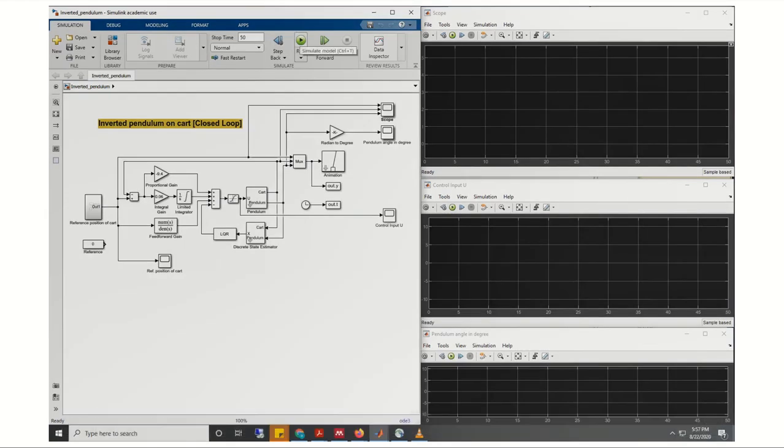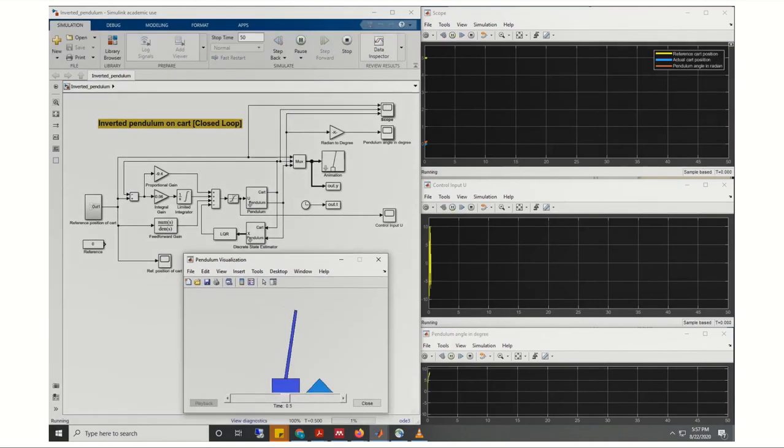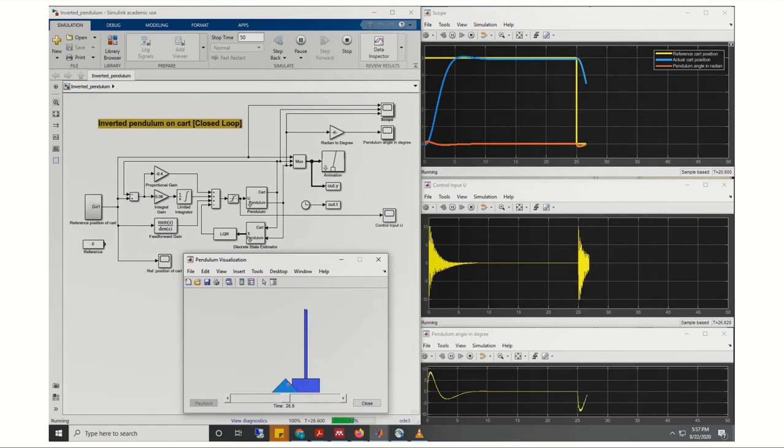The problem is to move the cart from one position to another, keeping the pendulum upright. Since the controller is already implemented, the cart moved from this position to this position while maintaining the pendulum vertical. Again it will move back, maintaining the pendulum vertical.